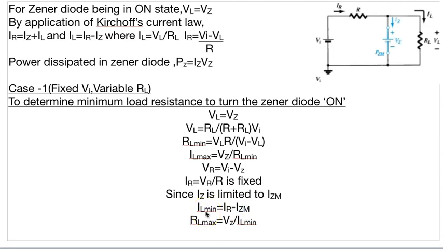The minimum Zener current will give you the maximum load current, and the maximum Zener current will give you the minimum load current. To calculate RL max, we have Vz divided by the IL minimum current, which is equal to IR minus IZ minimum. We keep the resistor current constant.